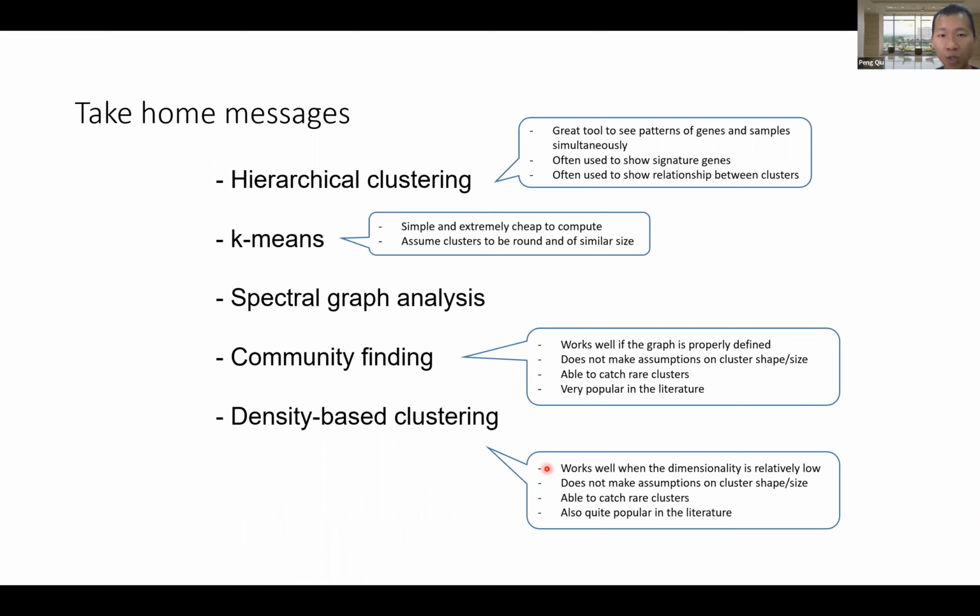But if the dimensionality of the data is higher, say 20, 30, 50, 100, or even higher, then density-based clustering usually will not work that well. I would go for community finding, or also try simple k-means.